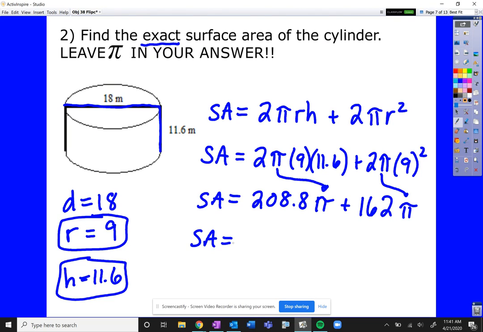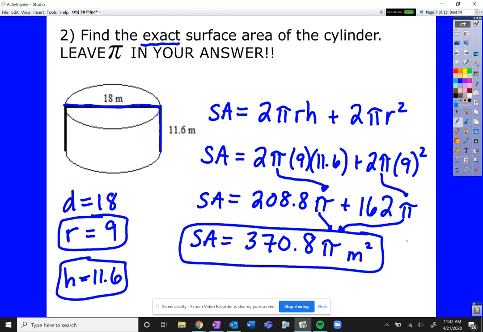That's all we're doing. 208.8 plus 162 gives us 370.8, and since they both had pi, we slap it on the end. So 370.8 pi units squared, meters squared. Okay, let's keep rolling.